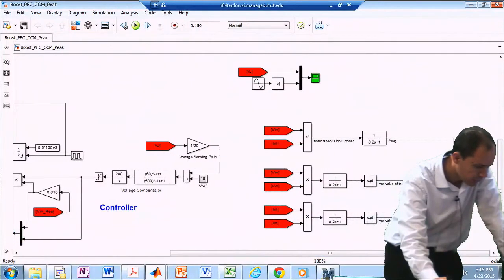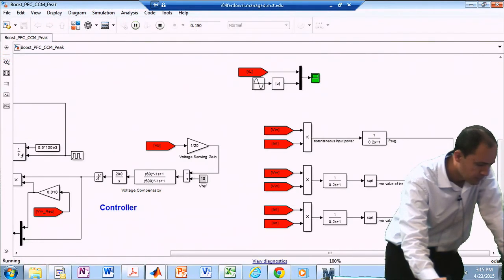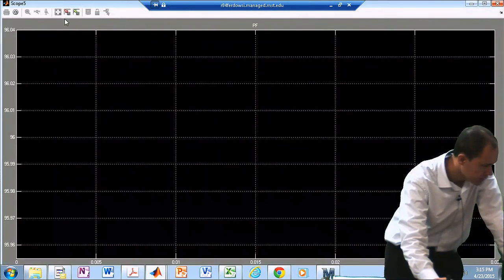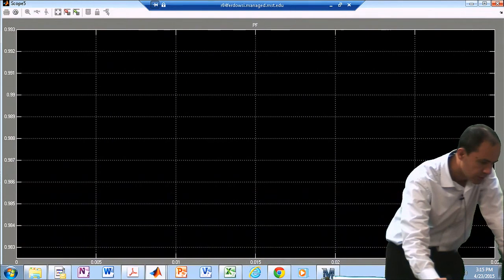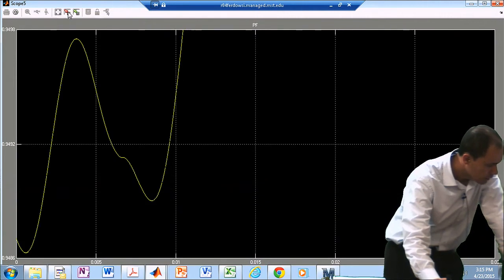I think I already ran this, and my power factor, no, unfortunately, let me just run it really quick. I think the power factor should be around 90%. Oops, it's not, okay, it's still running. Well, let's wait.